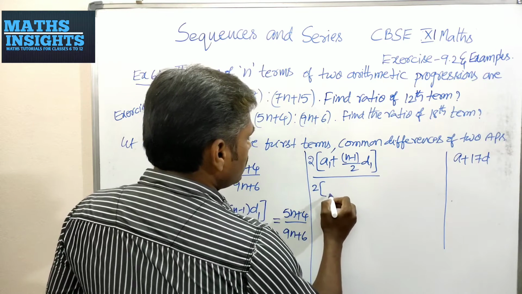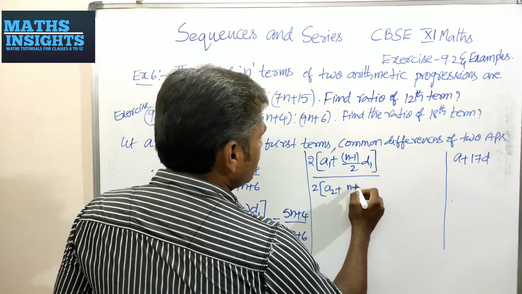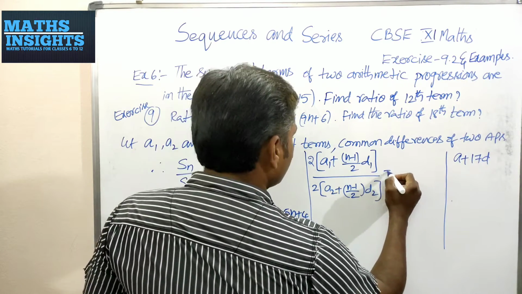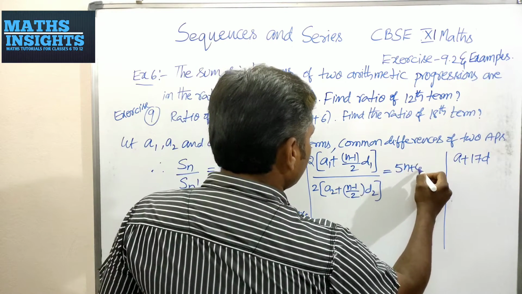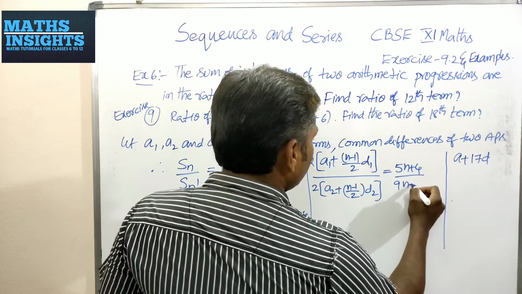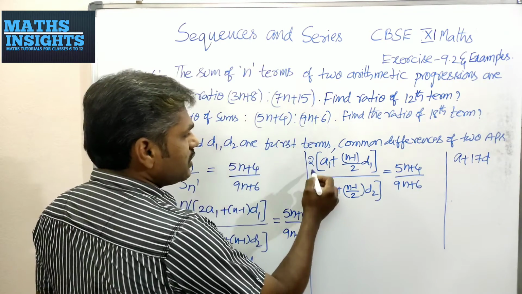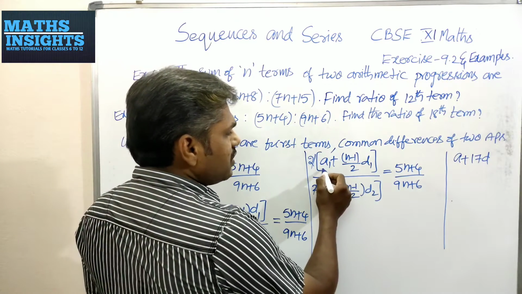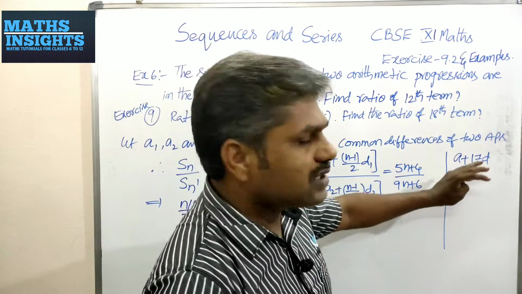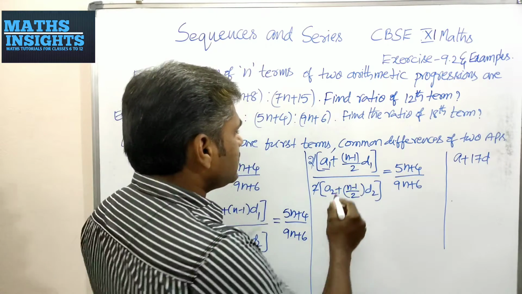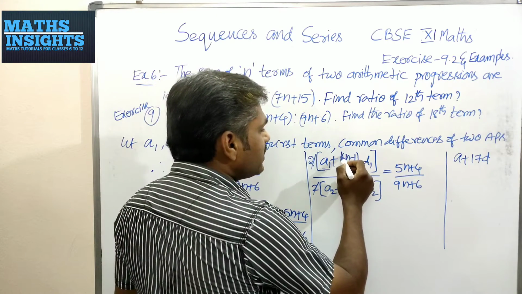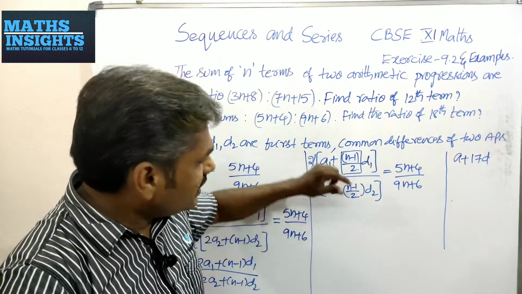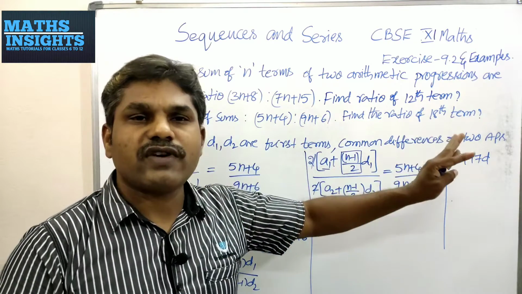Similarly, 2 into a2 + ((n - 1)/2)d2, that is equal to (5n + 4)/(9n + 6). You may cancel the 2 now also. So here this is now in the form of a + 17d, but if you want a + 17d for the first one as well as the second one, this value should equal 17.